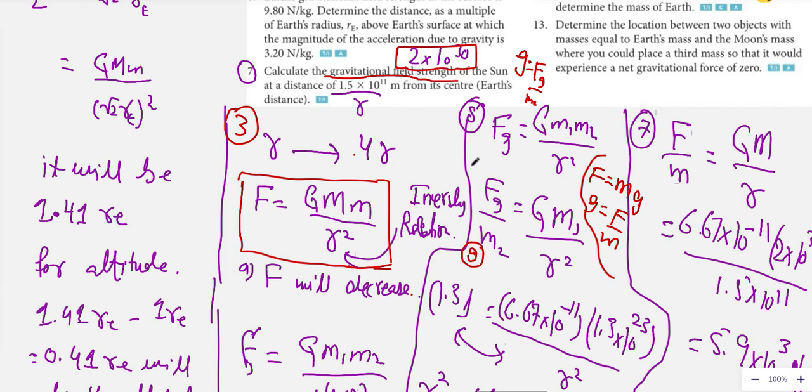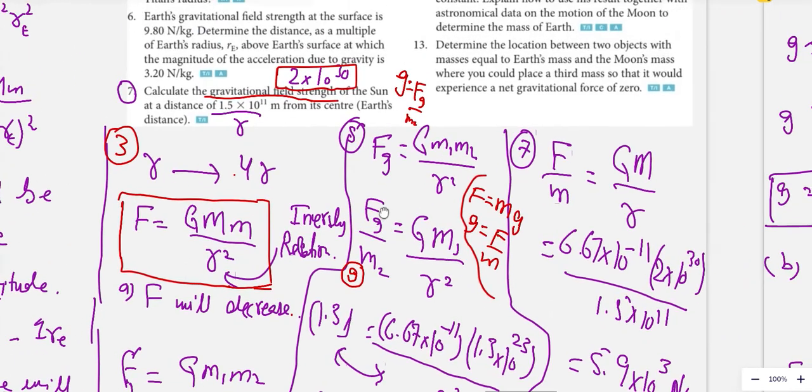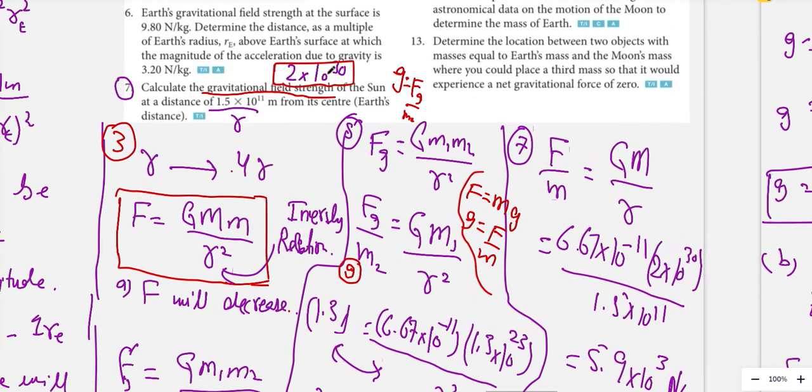And then we have to simply substitute this into the formula. For example, F over M is equal to GM over R squared, and F over M is the gravitational field strength, which we have to find, and G is the universal constant of gravitation. M, the mass of the sun, is what we have to put in by ourselves. It will be 2 into 10 to the power 30.